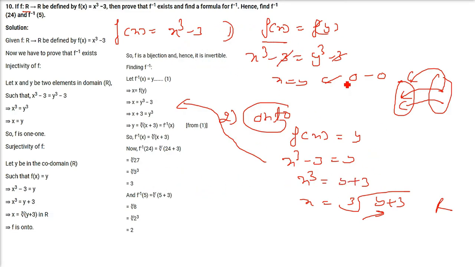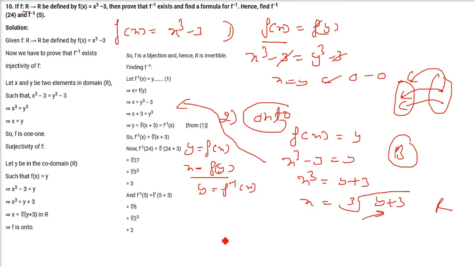Now this is bijective, invertible. y equals f(x) was the initial function. When we take inverse, it is x equals f(y), that is f inverse x equals y. So x equals f(y) will start, and then finally put y equal f inverse x. x equals f(y). f(y) is what? This is y³ - 3.